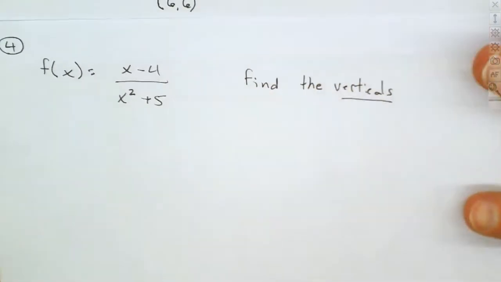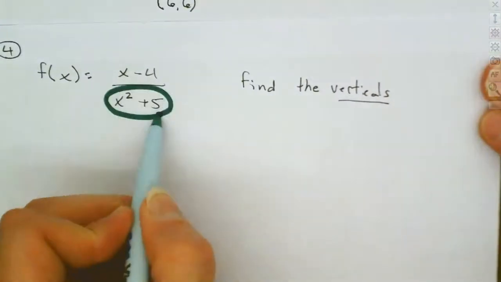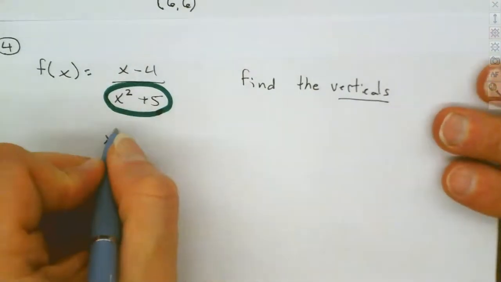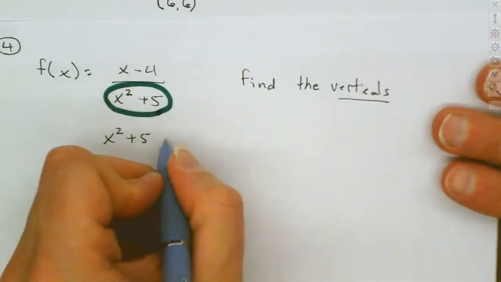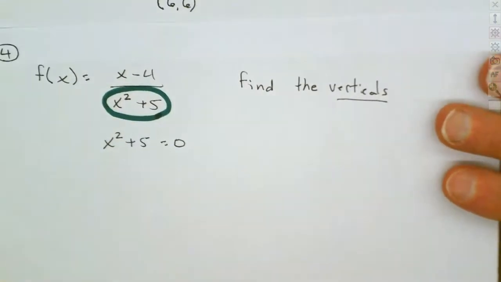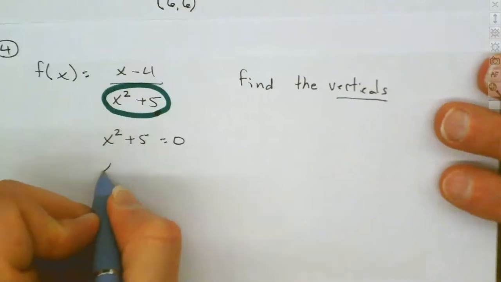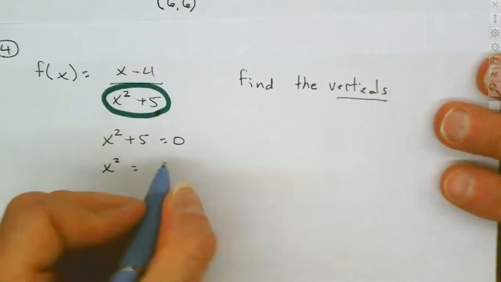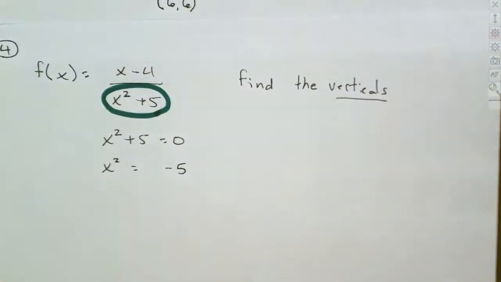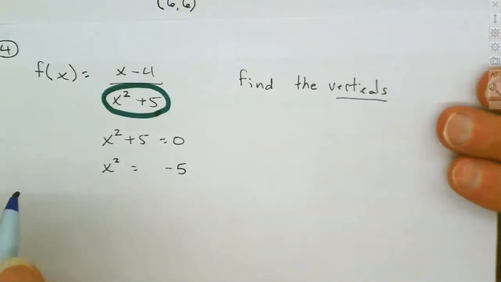Now, why is this one not going to have a vertical? Well, this one's not going to have a vertical because when I take my x squared plus 5 and I set that equal to 0, okay, and I move that 5 over, I get x squared equals a -5. And how do we get rid of a square? Okay, we have to take our square root.